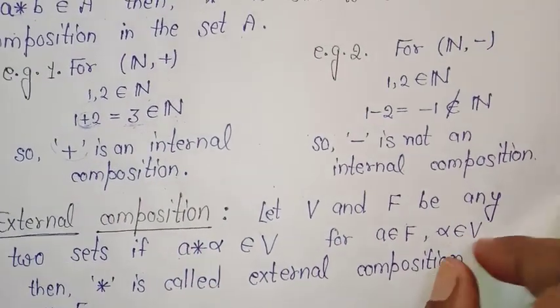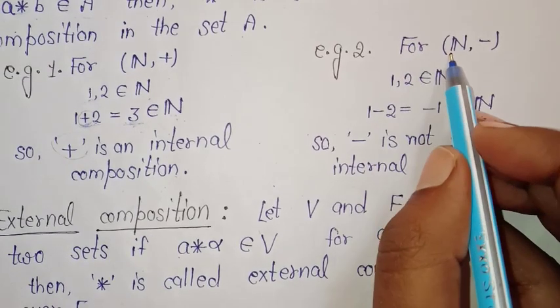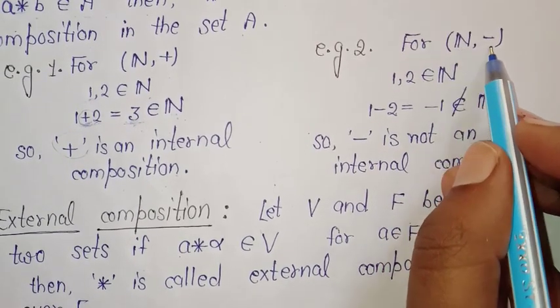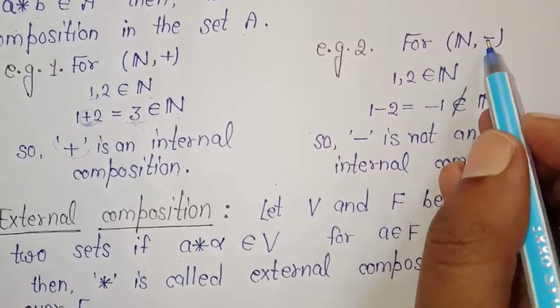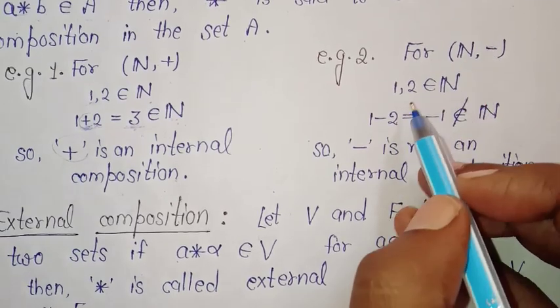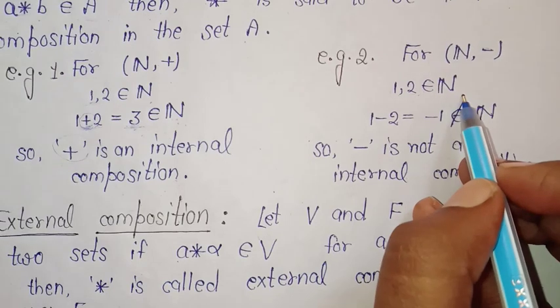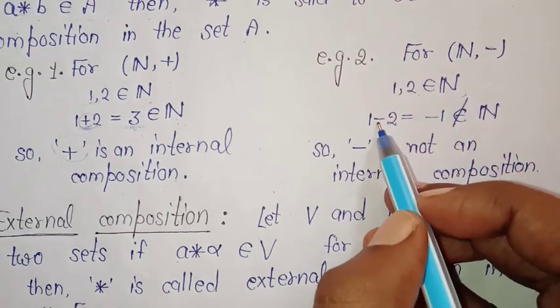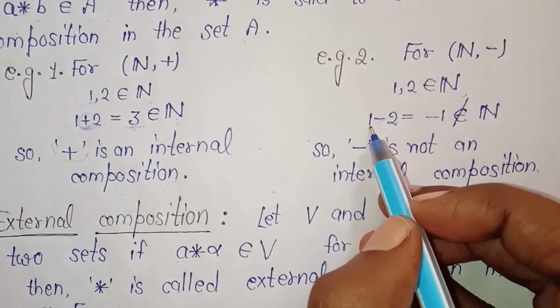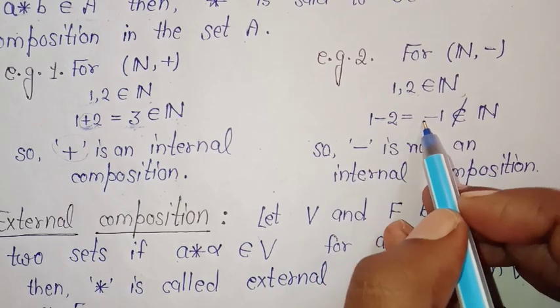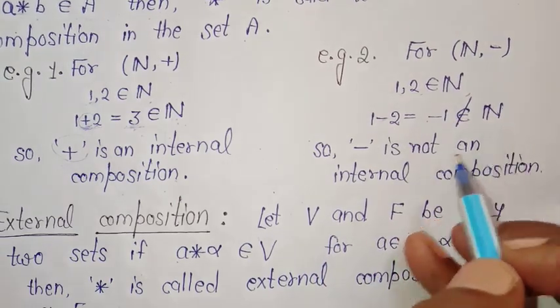Let's take one more example. I am taking the same set, the set of natural numbers, together with a different operation, that is subtraction. If I take the same two elements 1 and 2 belonging to the natural numbers and apply the operation minus over them, then 1 minus 2 is minus 1. That doesn't belong to the set of natural numbers.